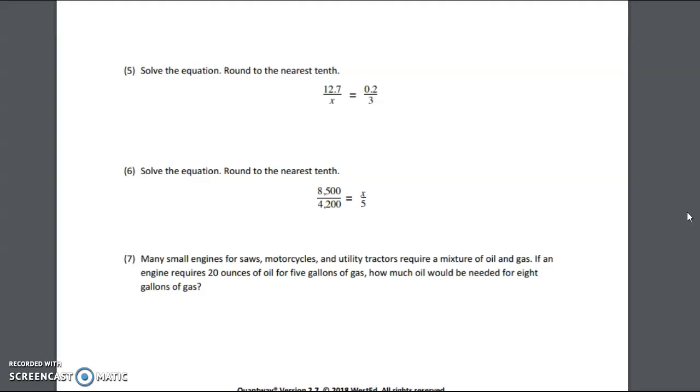The way that I thought about it was to think about the first relationship for one particular engine, the 20 ounces of oil to the 5 gallons of gas, and I put that in a ratio. Then I set that equal to another ratio where I had the amount of oil, the ounces of oil in the numerator, which is missing, compared to the 8 gallons of gas.